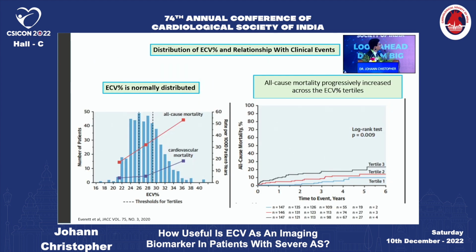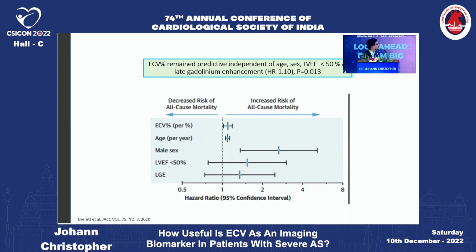Now, if you look at the ECV, you can clearly see here that there is a direct correlation with an increase of ECV with all-cause mortality and cardiovascular mortality. And even within the tertiles of ECV, you can see the ones with the highest tertile also had the highest mortality. So ECV, we now know, is directly having a clinical correlate in terms of all-cause mortality and cardiovascular mortality.